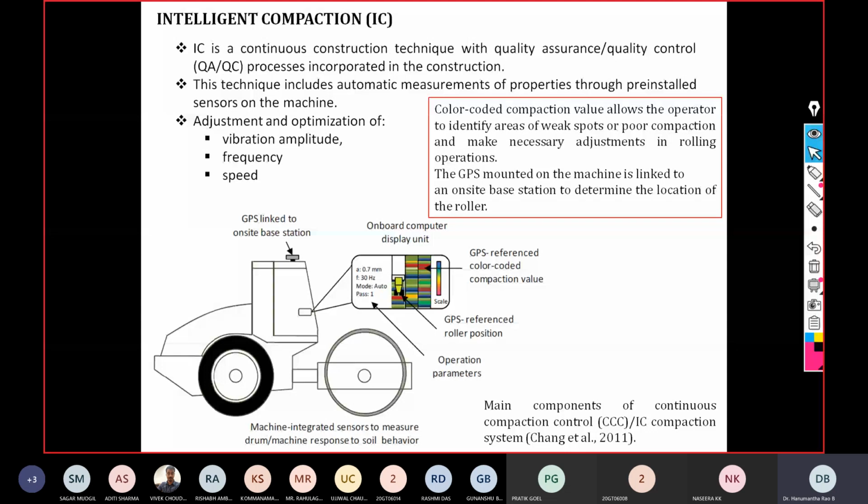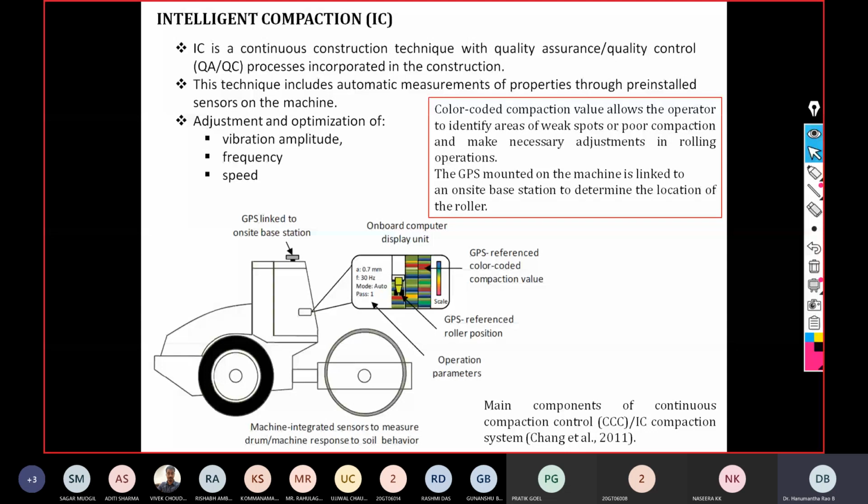So there are several varieties of parameters. The typical parameters are intelligent compaction measurement values. These are the five varieties of parameters normally used to measure whether the desired density is achieved or not. But try to remember, when you use intelligent compaction, only the amplitude and frequency are going to change.